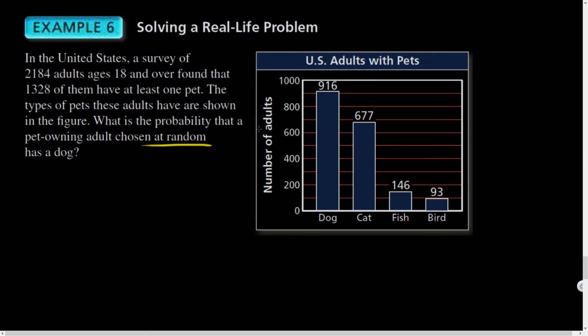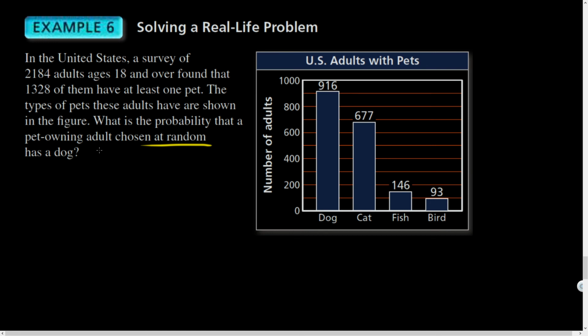Like if you were randomly, quote-unquote, asking adults outside of Petco whether they have a pet, you're going to get messed up data because you didn't do a good sample, right? Because people outside of Petco probably have a greater likelihood of having pets than people found elsewhere.